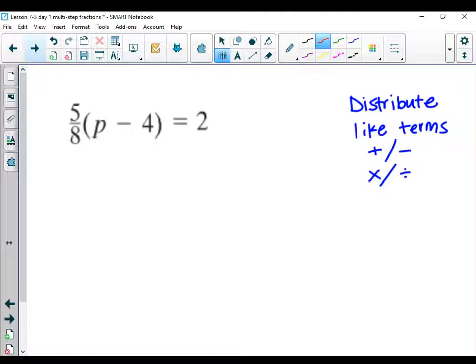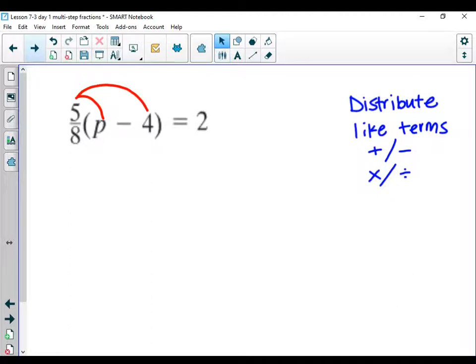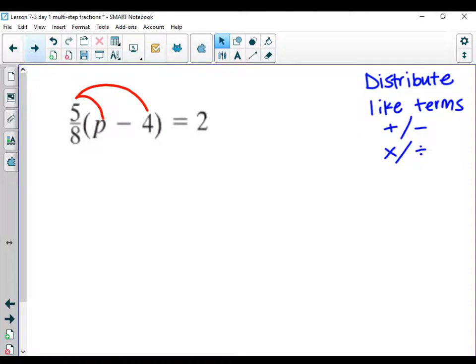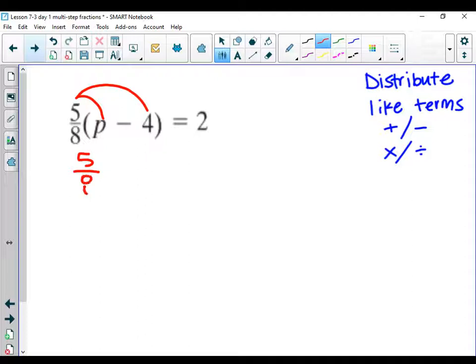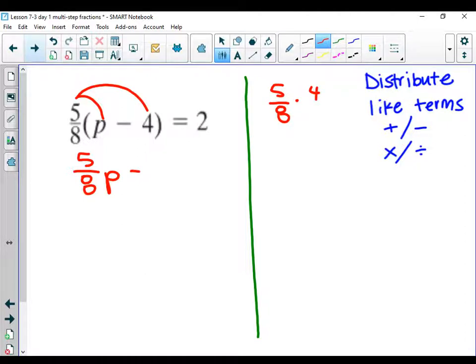Distribute. Mm-hmm. Preston says yes. Don't give up. Five eighths times 4.